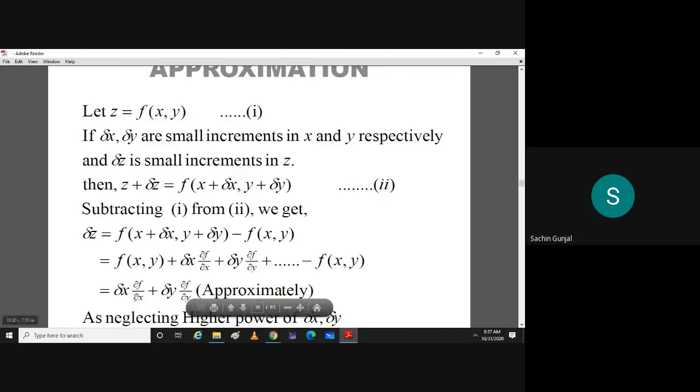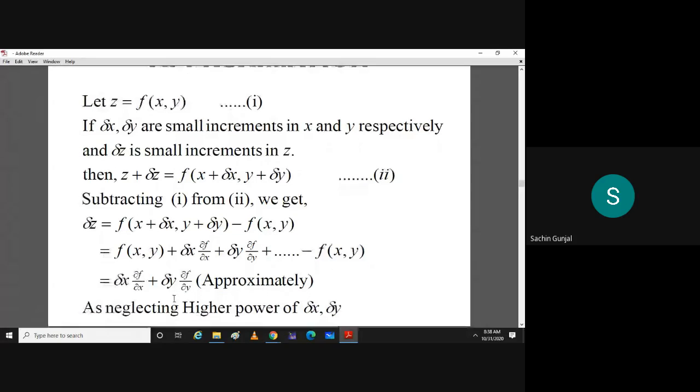So delta z is delta x double f by double x plus delta y double f by double y. We are neglecting higher powers of delta x and delta y in this expansion. So approximately delta z will be double f by double x delta x plus double f by double y delta y.